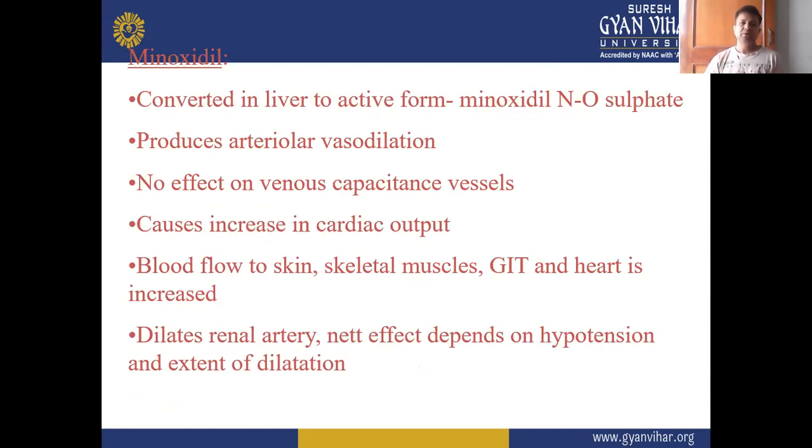Minoxidil is converted in the liver to its active form, minoxidil nitric oxide sulfate, which produces arteriolar vasodilation. No effect on venous capacitance vessels. It causes increased cardiac output, blood flow to skin, skeletal muscles, GIT, and heart is increased, and it dilates the renal artery.